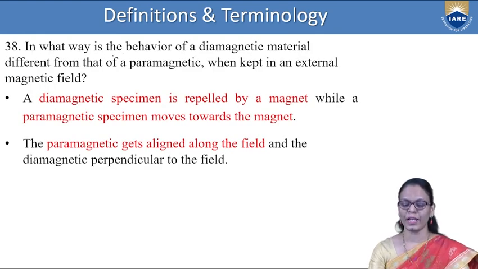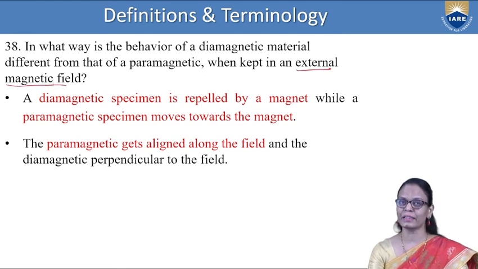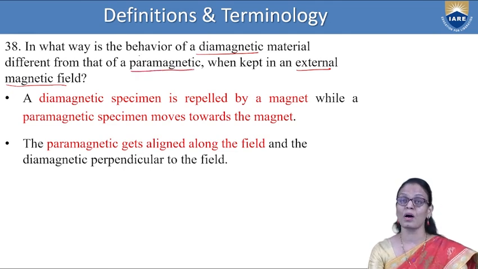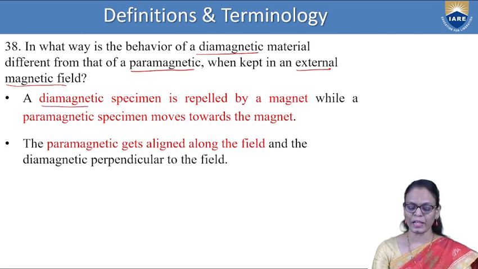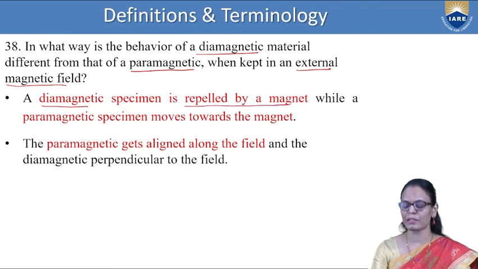In what way is the behavior of a diamagnetic material different from that of a paramagnetic material when kept in an external magnetic field? We have an external magnetic field, and in it we place one diamagnetic material and one paramagnetic material. How do they behave? A diamagnetic specimen is repelled by the magnet.